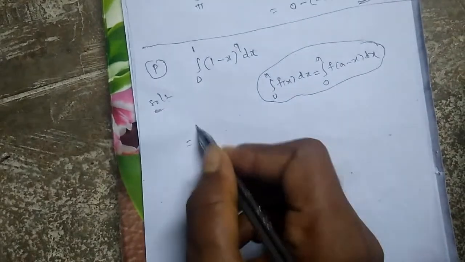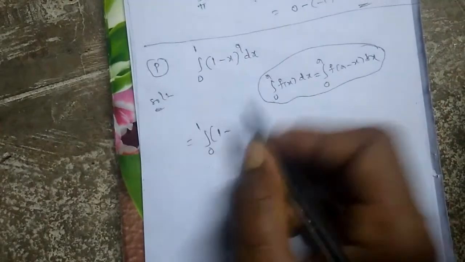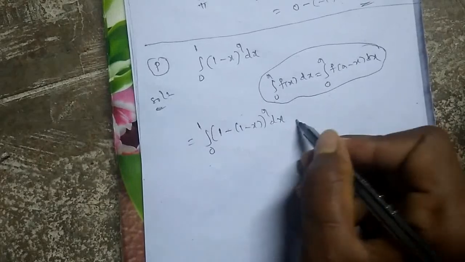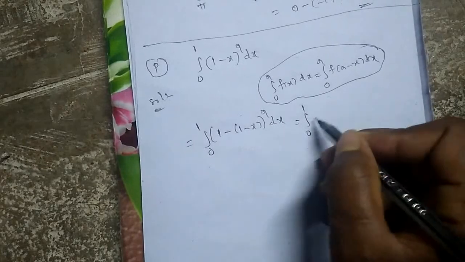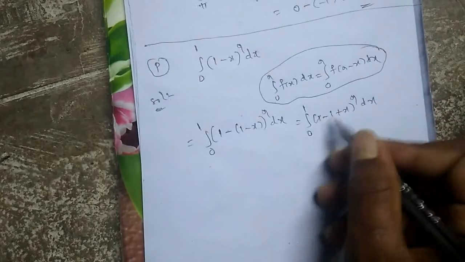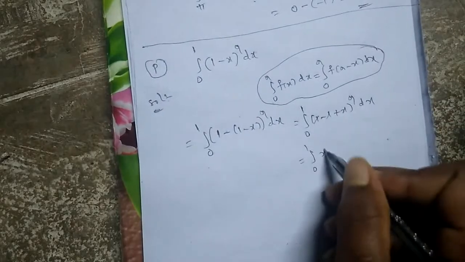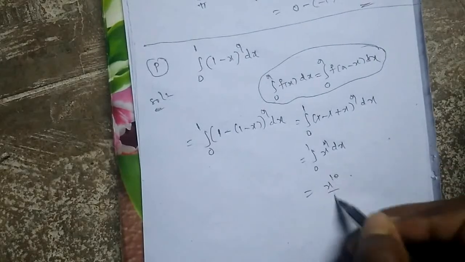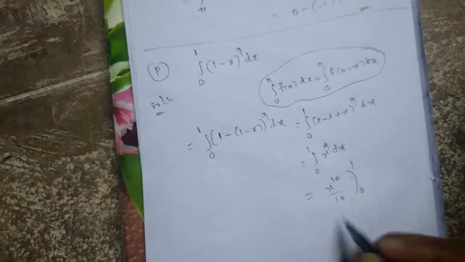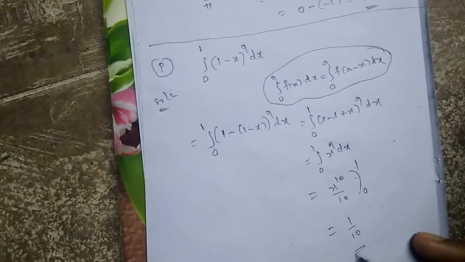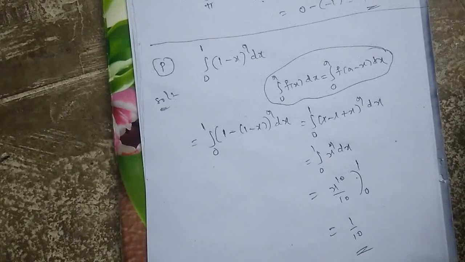So this is the integral from 0 to 1, and in place of x we write 1 minus x, to the power 9 dx. Here 1 gets cancelled, that is the integral from 0 to 1 of x power 9 dx. The integral of x power 9 is x power 10 by 10 from 0 to 1. Substitute the limits: this is 1 by 10 minus 0, that is equal to 1 by 10.